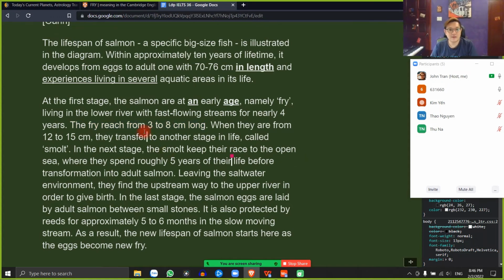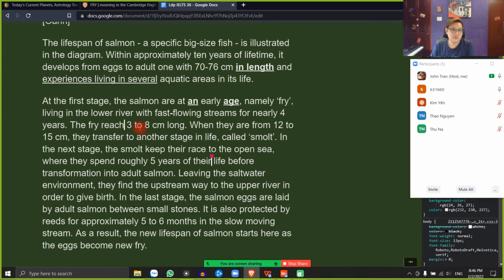Let's just say the fry reach 3 to 8 cm long, isn't it? You can use long as an adjective.